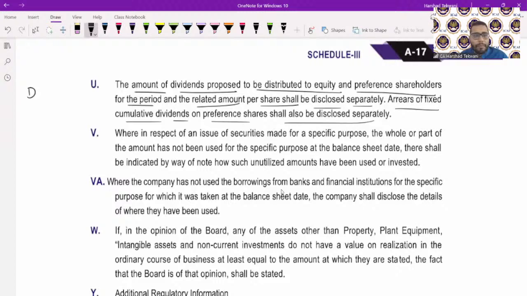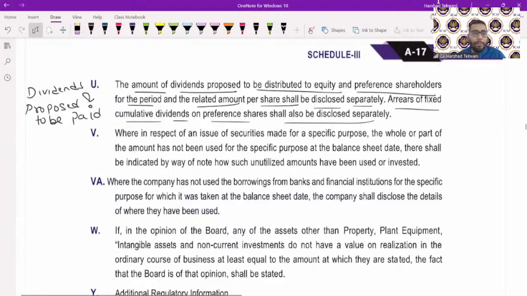So, dividends proposed and to be paid. I am required to provide this detail for the dividend proposed and or required to be distributed.